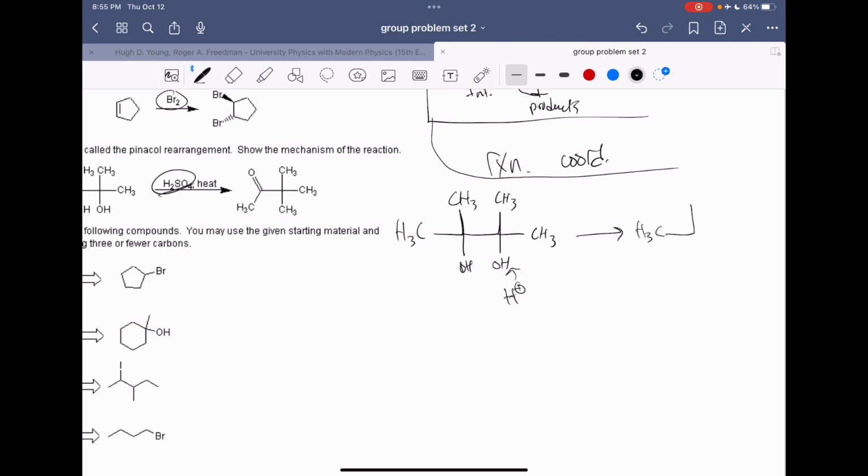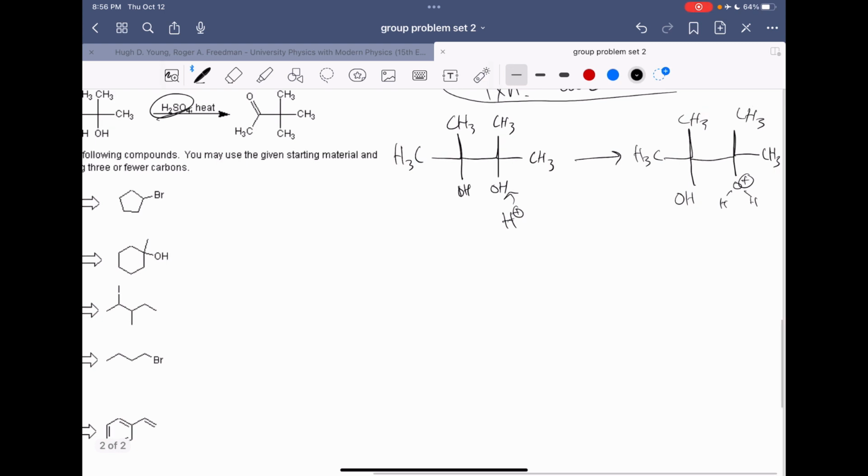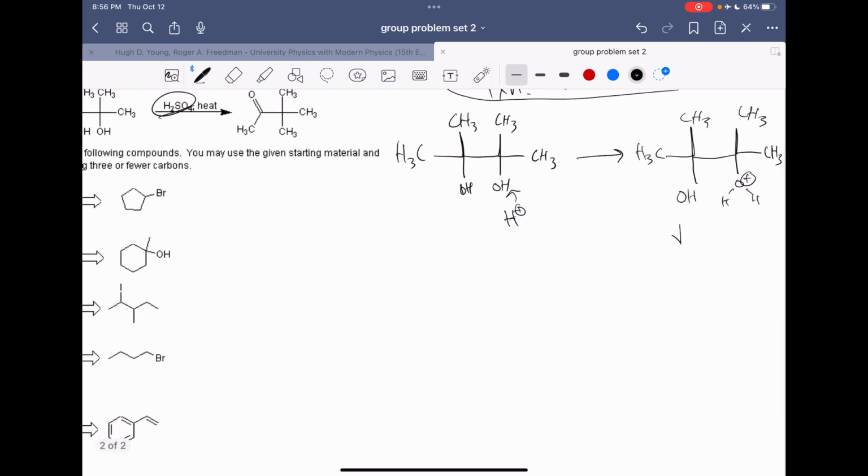So then you are left with pretty much the same thing, but on this we'll have an O and a structure like this, where the positive formal charge is on the oxygen.